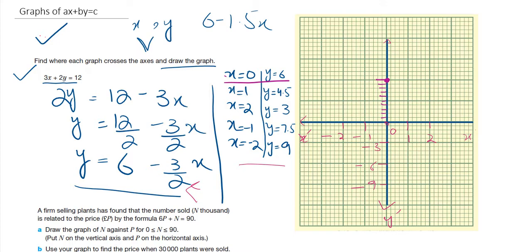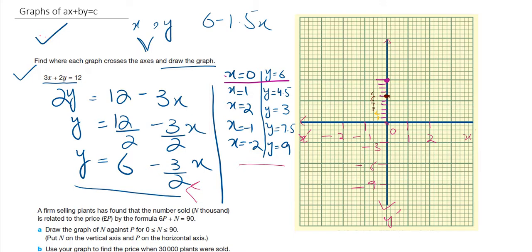So let's take out, when x is 0, your y will be 6. Here lies your 6. And when x is 1, your y will be 4.5.